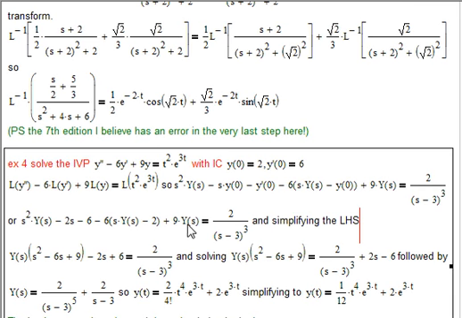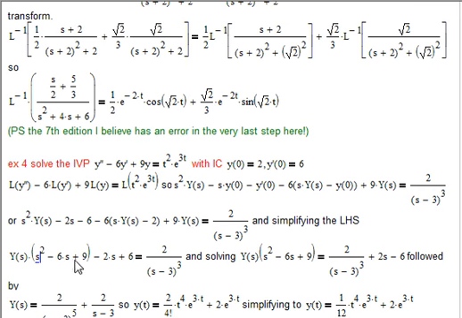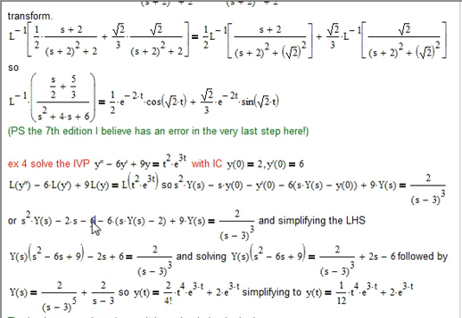So we'd want to factor the Ys out. Over here on the left side was Y of s times s squared minus 6s plus 9. And then we also have this minus 2s minus 6. The minus 6, I'm sorry, plus 6, because there's a minus 6 here and a plus 12 here.